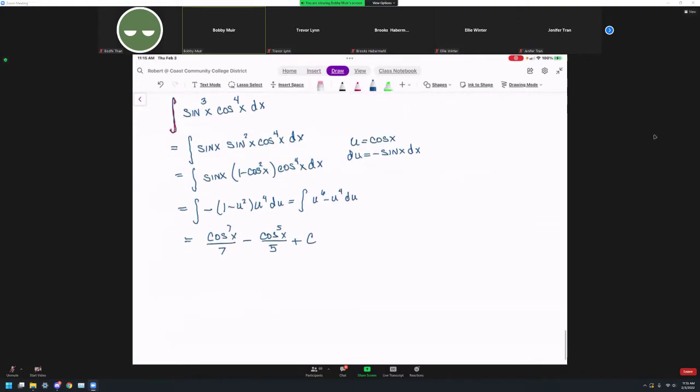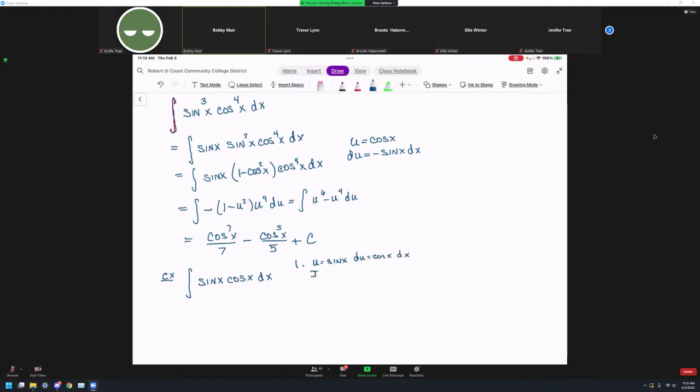Okay, and if they're both odd, then you could have a couple correct answers. So let me just illustrate from this easy one here. Number one, if we were to let u equal sine x, then du would be cosine x dx.